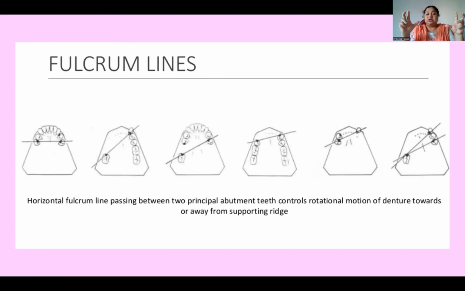In a removable partial denture, the horizontal fulcrum line is an imaginary line. It is obviously not there; we imagine it because we have to design the RPD. It is an imaginary line passing between two principal abutment teeth which controls rotational motion of the denture towards or away from the supporting ridge. And this is the posterior-most abutment; you see it in all the diagrams.